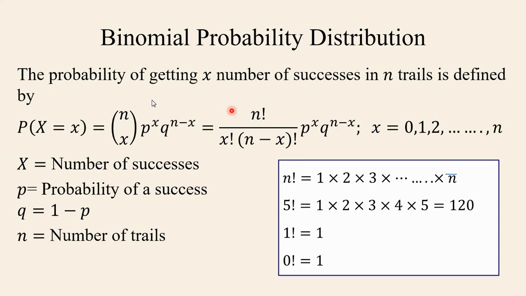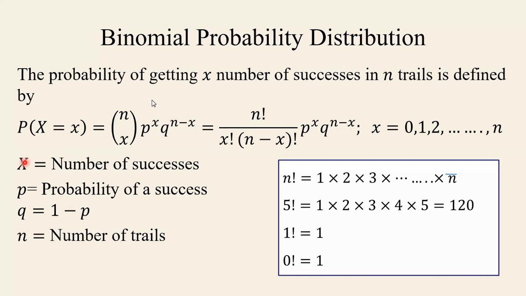When we are tossing a coin 3 times, the possible values for the number of heads are 0, 1, 2, 3. That is what we looked at in the Thursday class examples. Similarly, if we are repeating the experiment N times, then the possible numbers of successes X are 0, 1, 2 up to N.